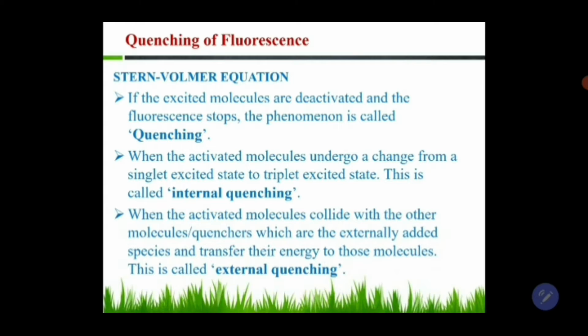When the activated molecules collide with another molecule so that the energy could be transferred to another molecule, that is called external quenching, where externally added species take the energy from those molecules.